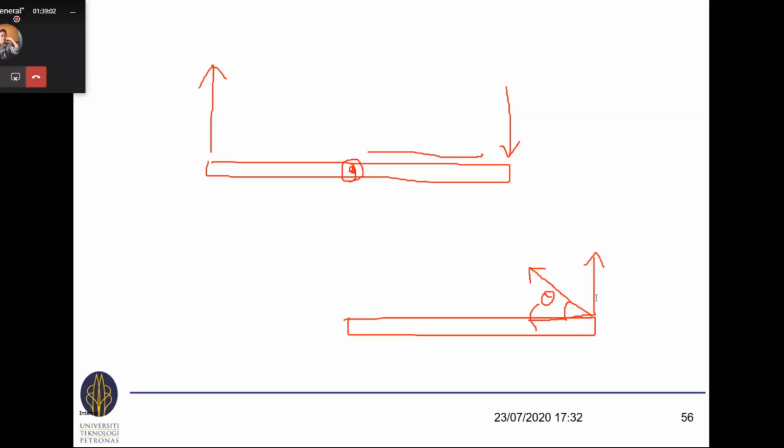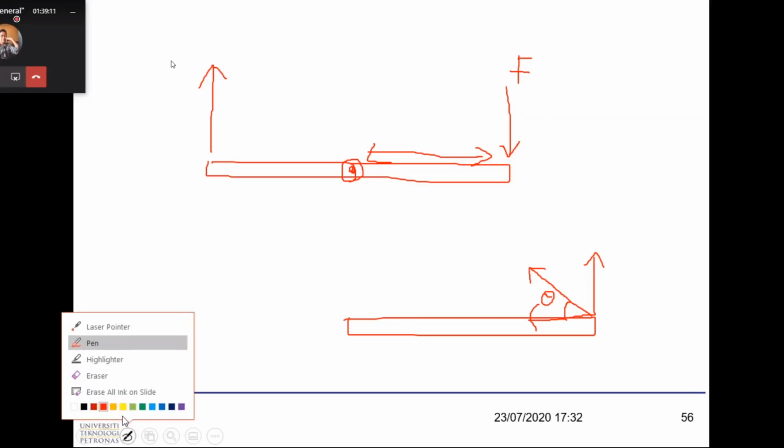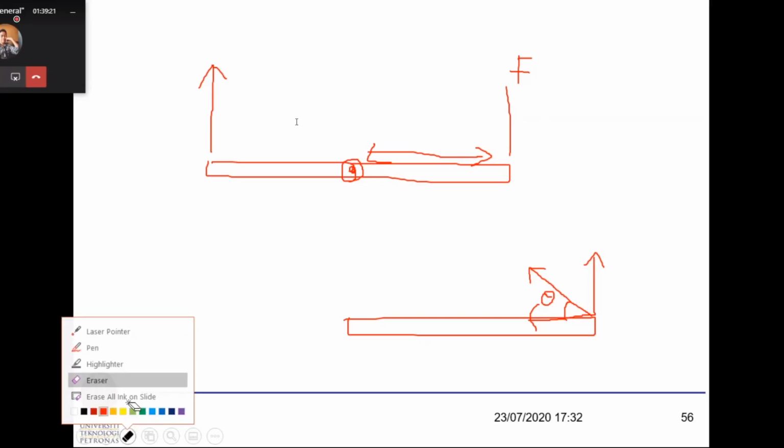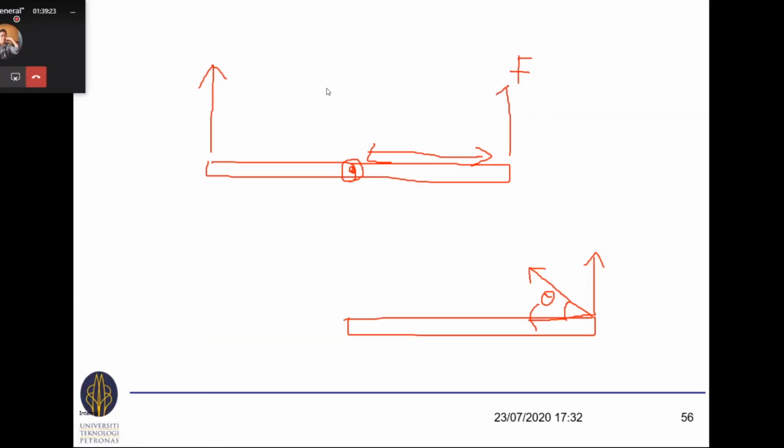Let's say you have force one like this. Okay, this one cannot, because this one will make a clockwise direction. So let's change the question: one force up, the other one also up.